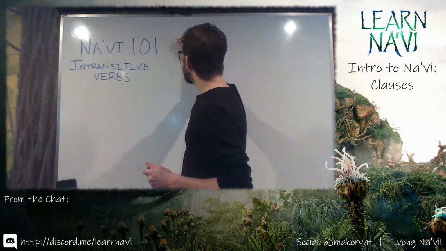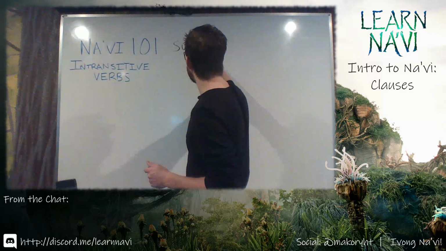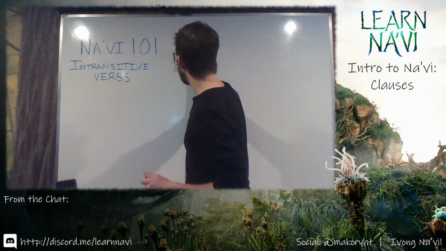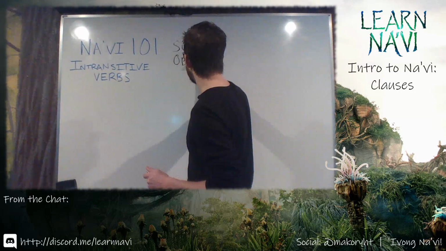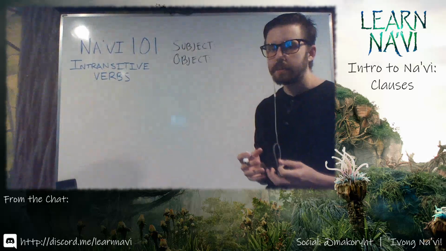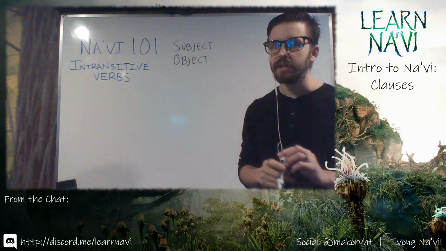They are case endings for the subject of our sentence and case endings for the object of our sentence. Okay? So in transitive verbs, we have what we call the subject and object of the verb.